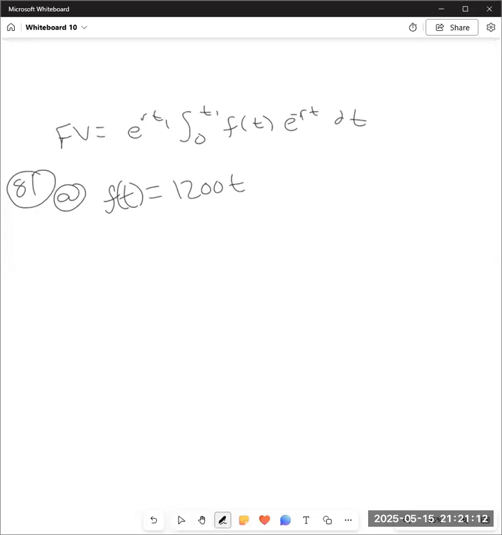Nope, it's just straight up 1200. So my F of T is 1200. And then we have e to the r, T is 1200, r is 7%, which is 0.07.